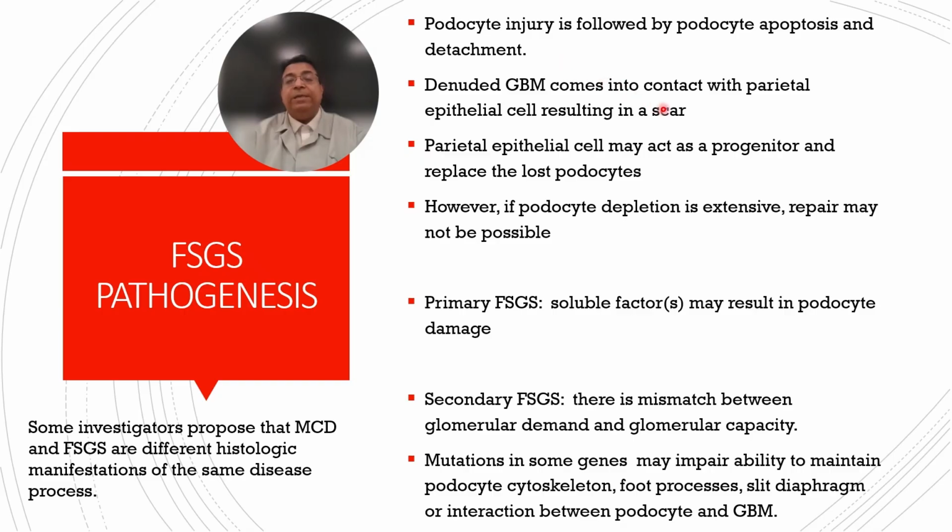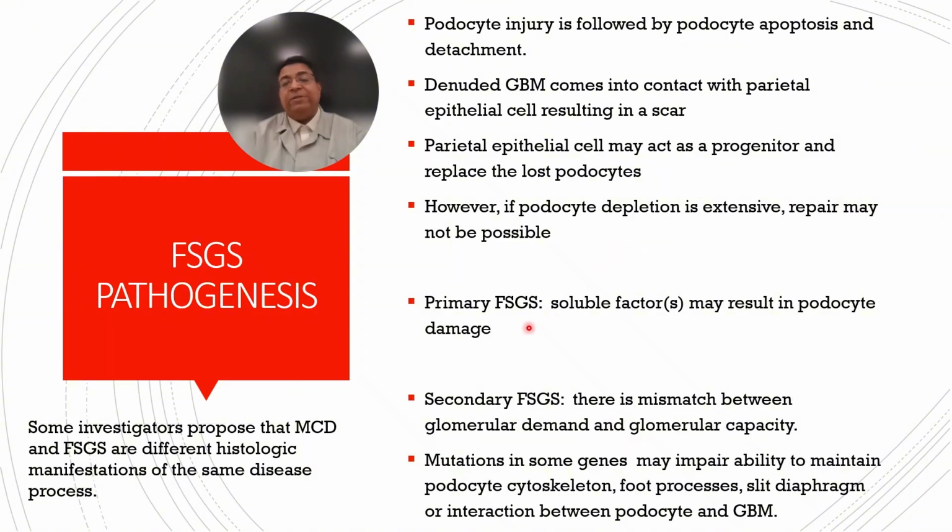The denuded glomerular basement membrane comes into contact with parietal epithelial cells, resulting in a scar. The parietal epithelial cell may act as a progenitor and replace the lost podocytes. However, if podocyte depletion is extensive, repair may not be possible.